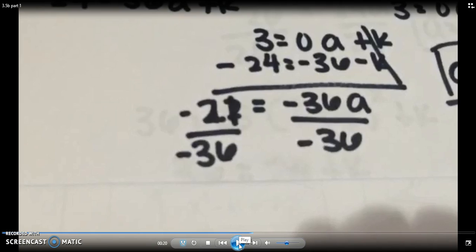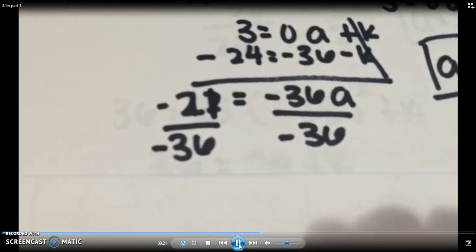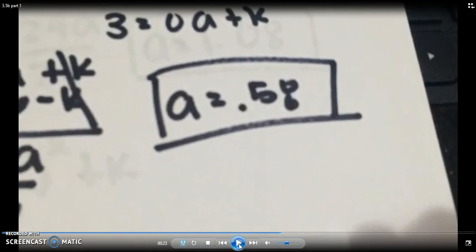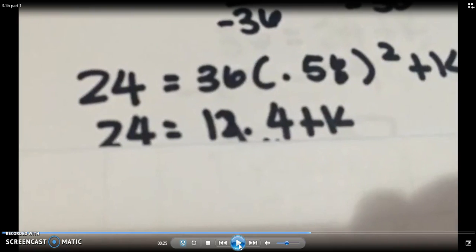So I'm going to divide by negative 36 on both sides in order to figure out what my a is. And so after I divide negative 21 by negative 36, my a is 0.58. So I need to find the remaining variable, which is k.